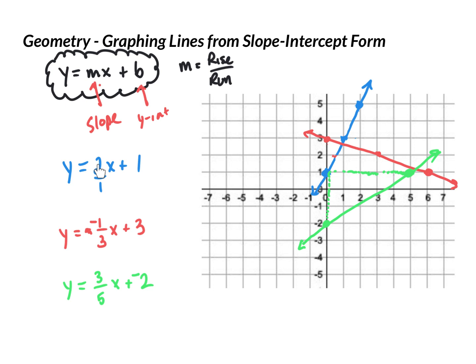Here for every x I went up 2, here for every x I went down 1/3, here for every x I went up 3/5, or you could map it as I went up 2 and over 1, I went down 1 and over 3, I went up 3 and over 5. If there's a negative in front of the slope, just apply it to either the numerator or the denominator. I would usually recommend the numerator.